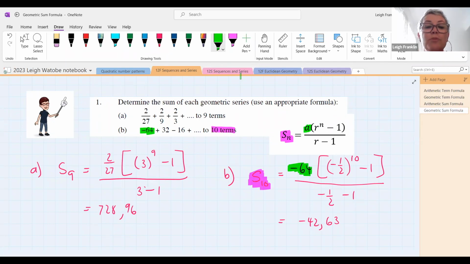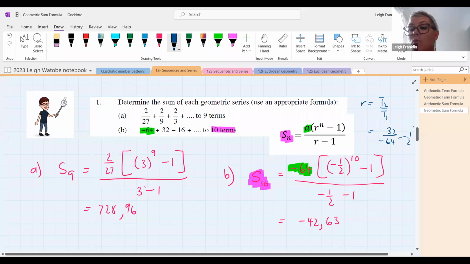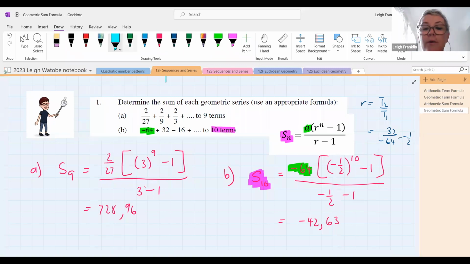Then it's our job to work out the value of R. R is always term 2 divided by term 1, or term 3 divided by term 2. So you're going to take 32 and you're going to divide it by negative 64. That's where minus 1 over 2 comes from. So R, this value over here, is that value over there.